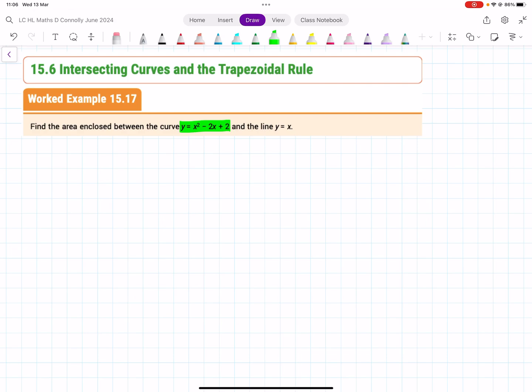Find the area enclosed between, I don't know, we'll do 1 to 5 and see what happens. Okay, so I have 1, 1, 2, 2, 3, 5, 4, 10. Let's go to 5, 17.